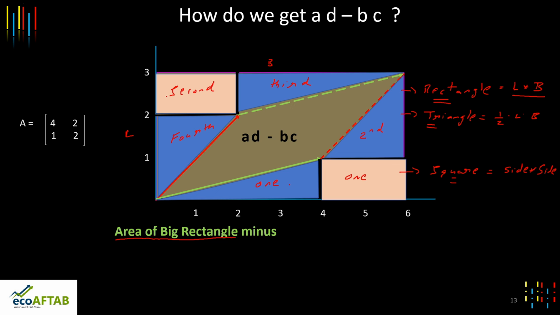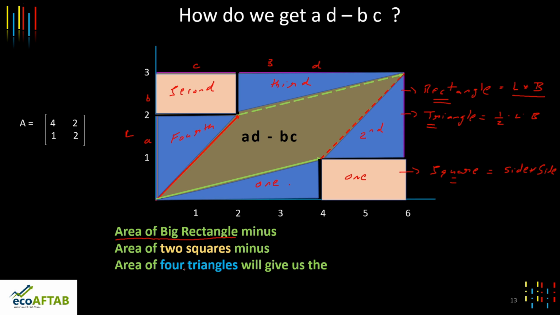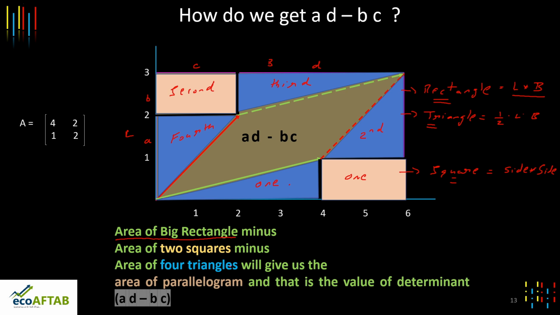So here friends, I can label these areas as A, B, C, D. If I divide it like this, you can see we are multiplying A into B, half A into B, A into A. So all these things, you see, the big rectangle minus the area of two squares and the area of four triangles, when we do it, what we get is the area of the parallelogram, and that is the value of the determinant AD minus BC.